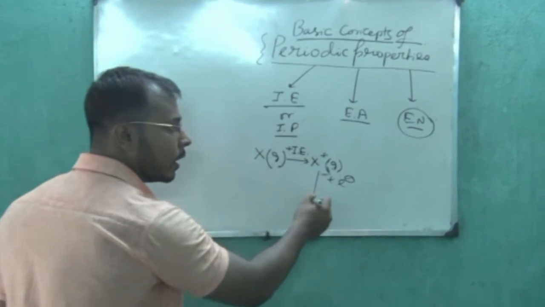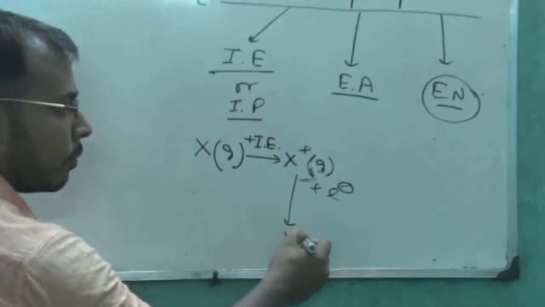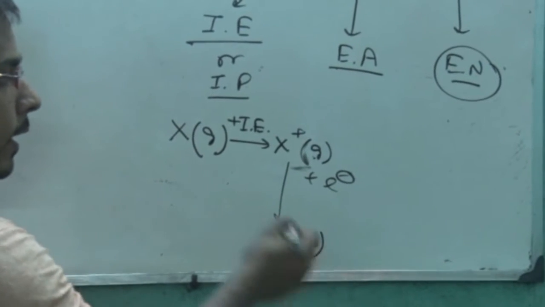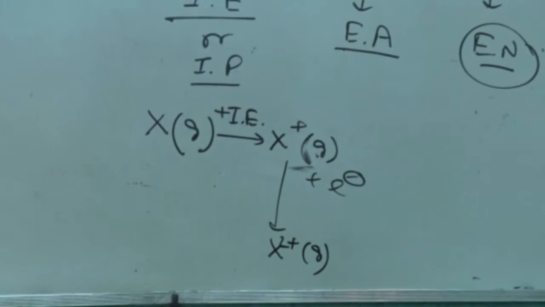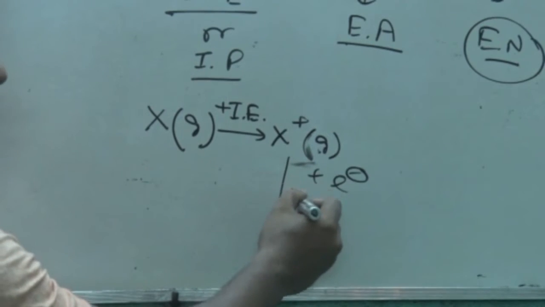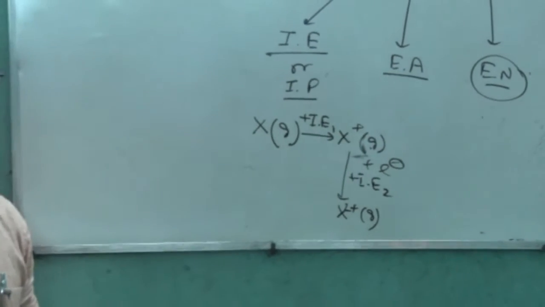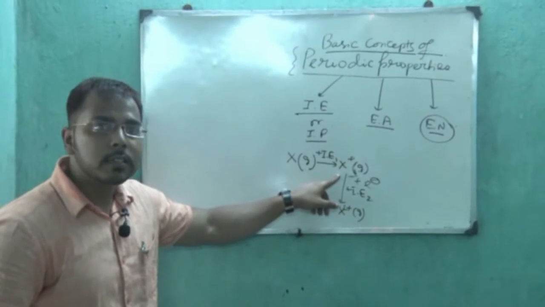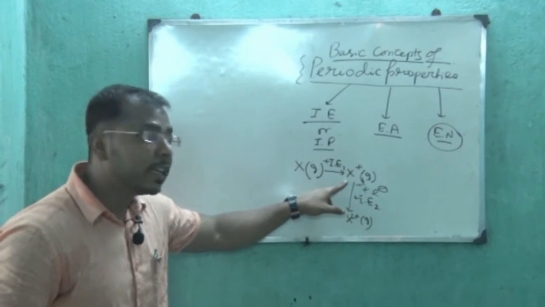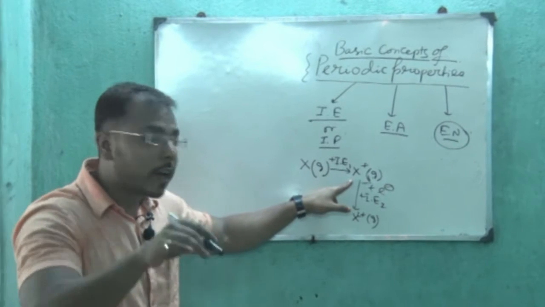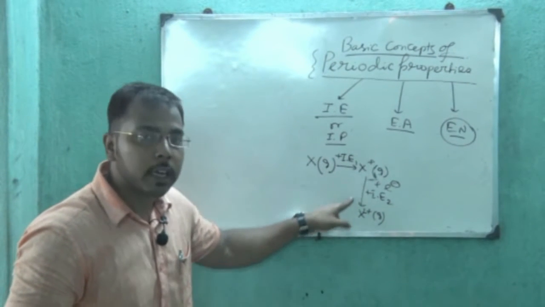But if you want to remove an electron from this cation, then it is the second ionization energy; the earlier one is the first ionization energy. Obviously the cation is electron deficient, so it needs electrons, and you are trying to remove an electron from it.